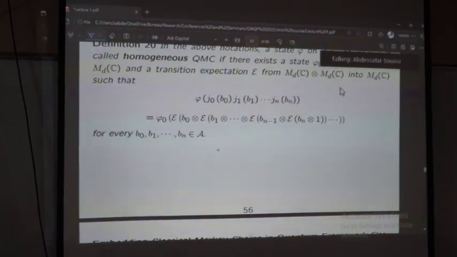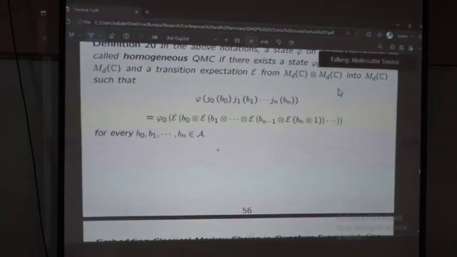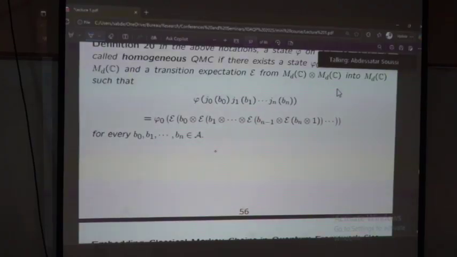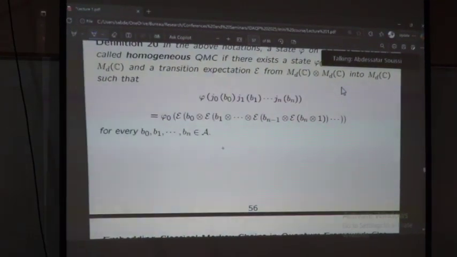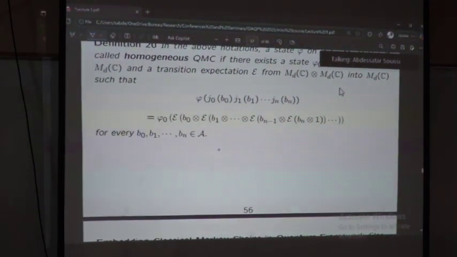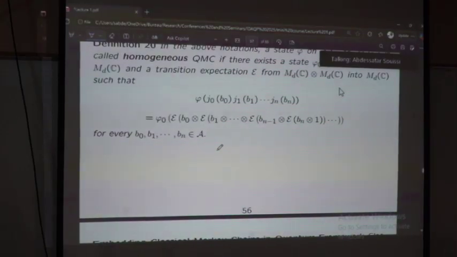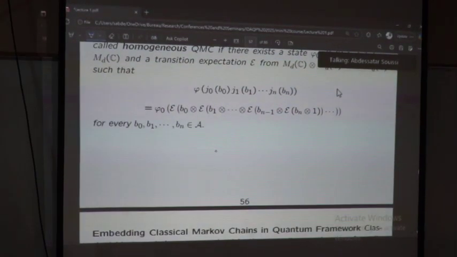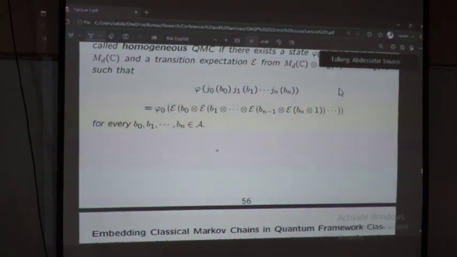Like when we have a classical Markov chain, the measure of the chain over the first n steps is given by an analogous formula using the transition.